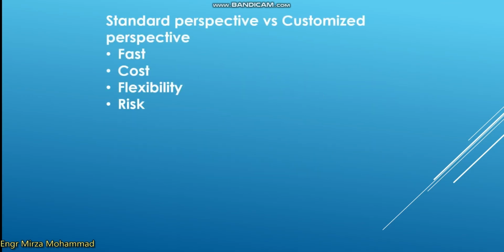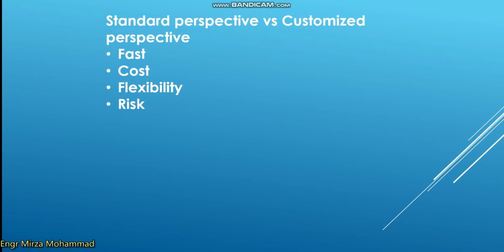Now we will know about that. We know that standard and customized perspectives are different, but based on these four factors which are mentioned in the screen, we can categorize it even more efficiently.